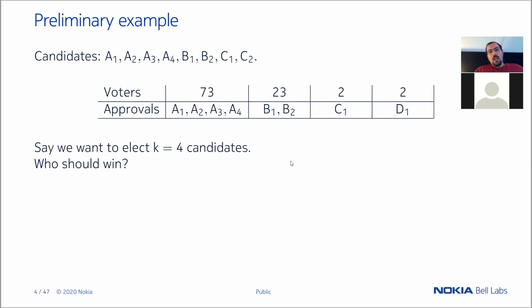And we have 100 voters. 73 of them approve of A1, A2, A3, and A4 and disapprove of the other candidates. 24 voters approve of B1 and B2, and so on. Now imagine a situation where we want to use a multi-winner voting rule to elect K equal to 4 candidates. So who do you think should win this election?